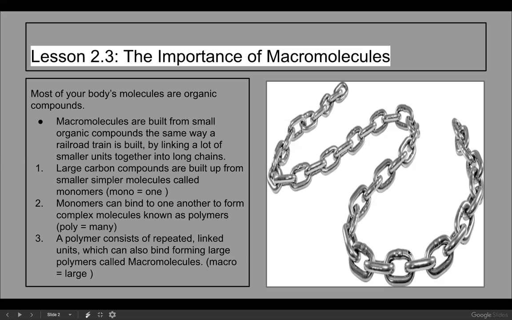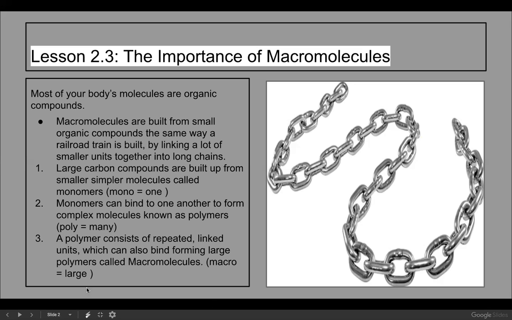Large carbon compounds are built up from smaller, simpler molecules called monomers. Mono meaning one. Monomers combine to form one another. We call that condensation. Remember, we removed the water molecule to connect the two monomers. Complex molecules known as polymers, right? So as we build them up, we're starting to make a massive molecule.